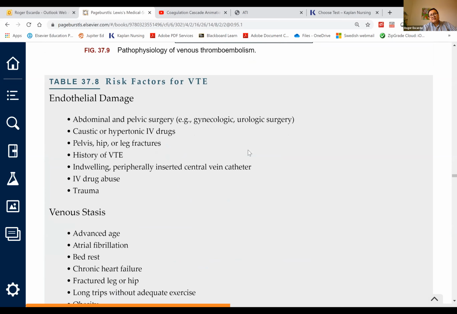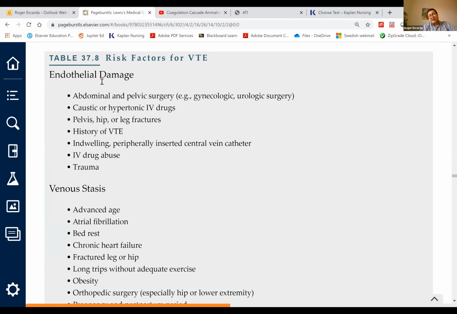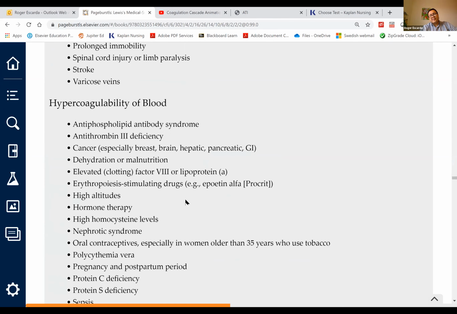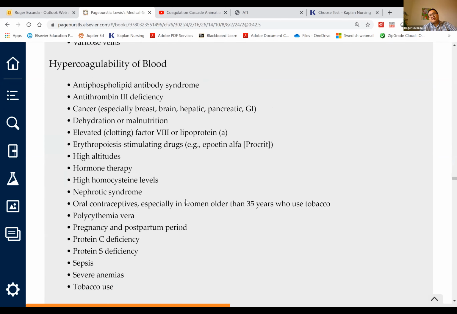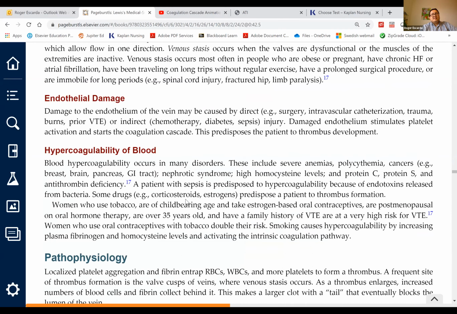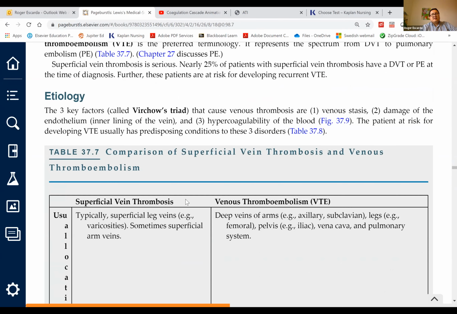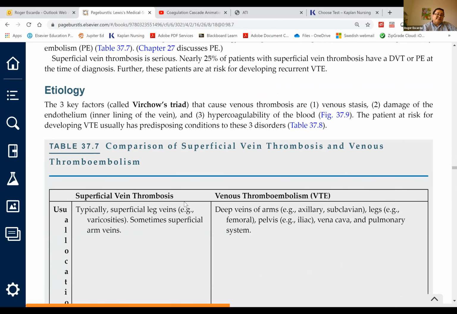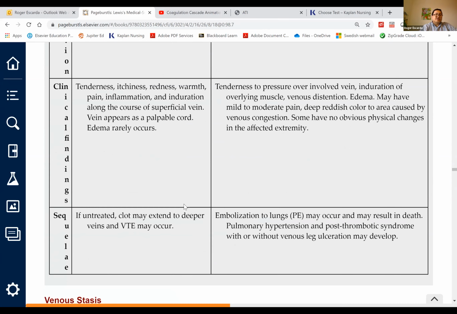Under risk factors, here they are again. Same thing under prevention. Since these three risk factors lead to the formation of a blood clot, that's what you prevent.